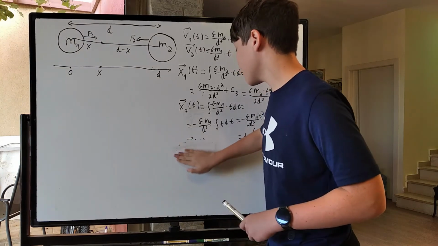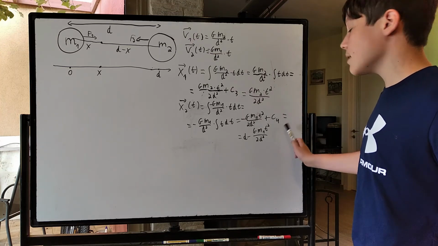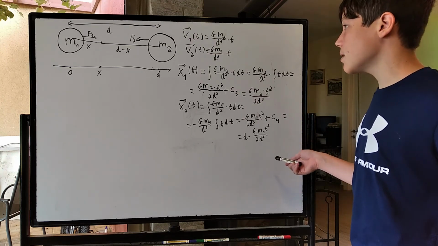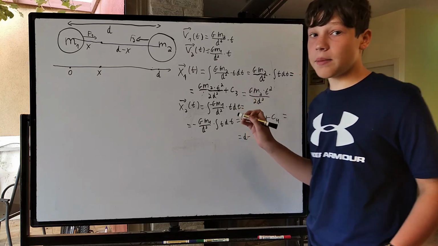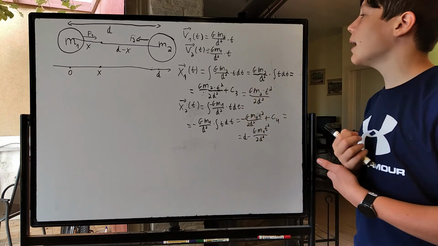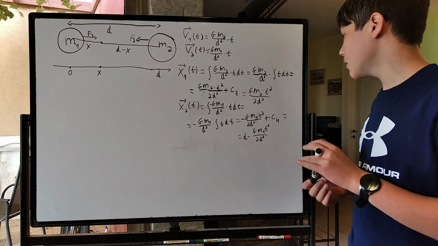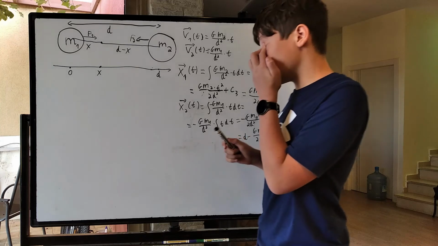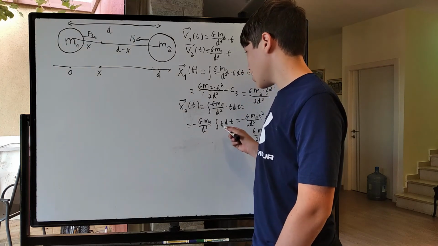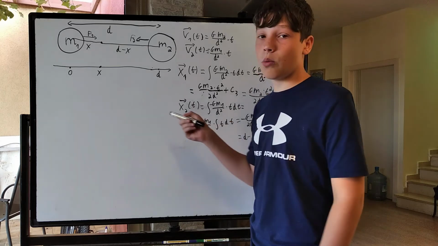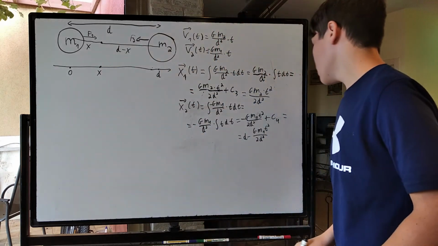Now that we have these figured out, we can say this is equal to x, and this is also equal to x, because x1 of t, where t is the time it takes them to collide, we know they're going to end up in the position of x.